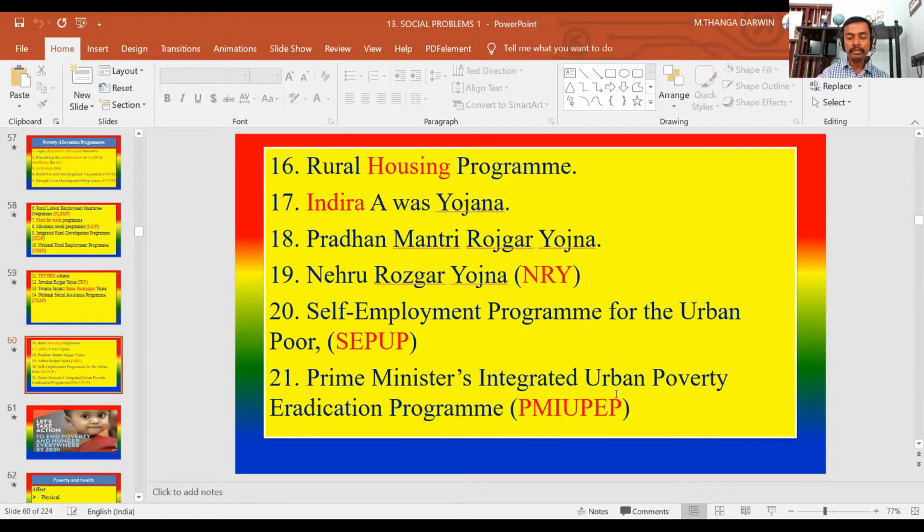Then the Prime Minister's Integrated Urban Poverty Eradication Program. So a lot of programs are integrated: educational programs, healthcare programs, and occupational work programs launched together, mainly in rural India.